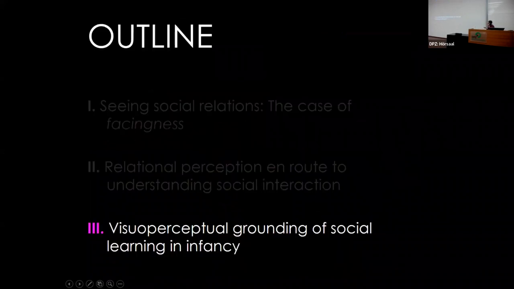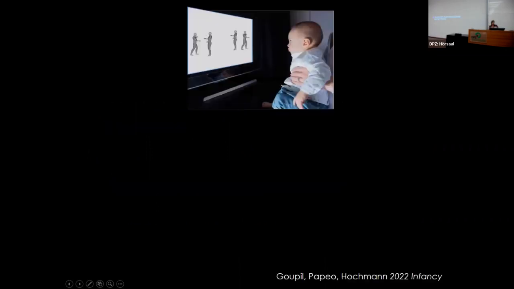Okay. In the last part of my talk, I want to just mention some developmental results showing that this mechanism for visual relation perception can support the earliest stages of social learning in infancy.